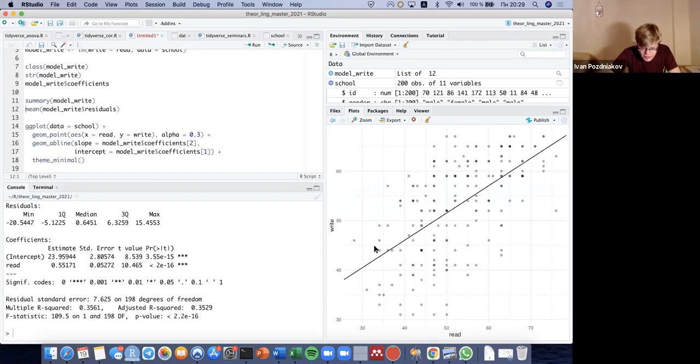Imagine that in reality there is some real linear relationship between two variables. If you have two populations and you have all the numbers, you can really calculate the real coefficients of this relationship, even though it's not linear, but it doesn't matter. If you have all the data, you could have calculated it, right?